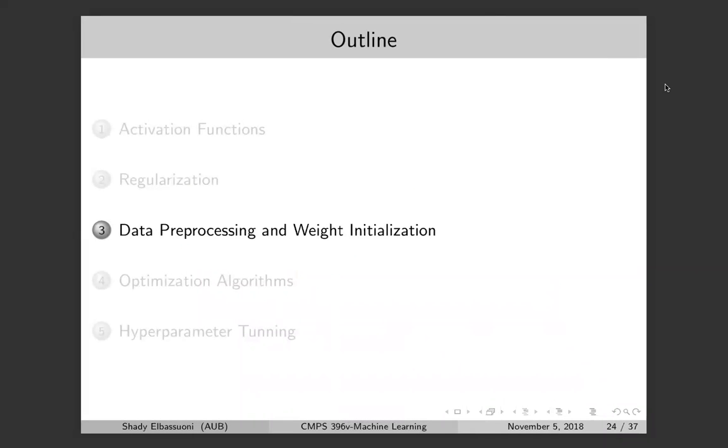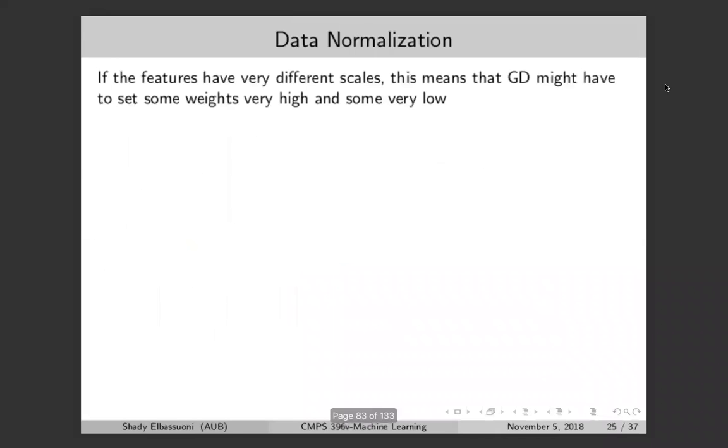Now, practical aspects when it comes to training neural networks: data pre-processing and weight initialization. We usually do data normalization when we're doing machine learning in general, but for neural networks it's very important.